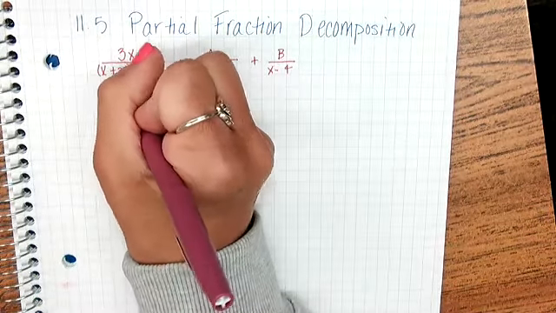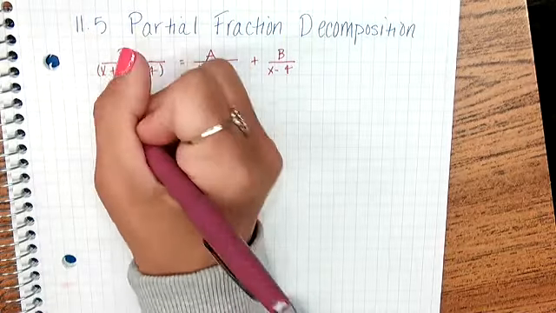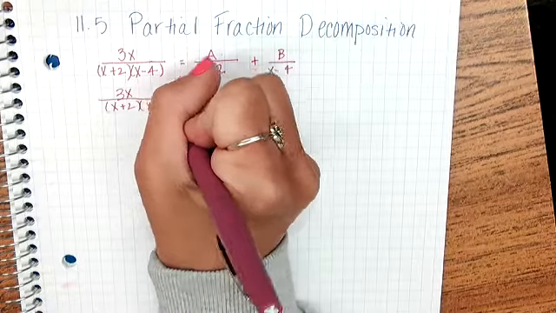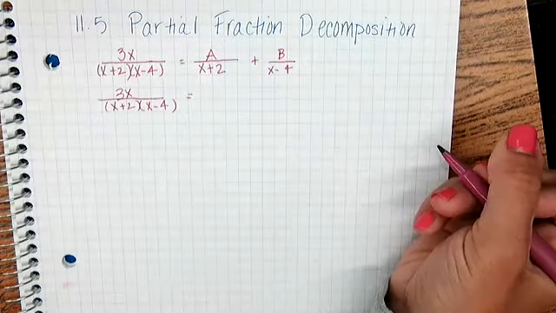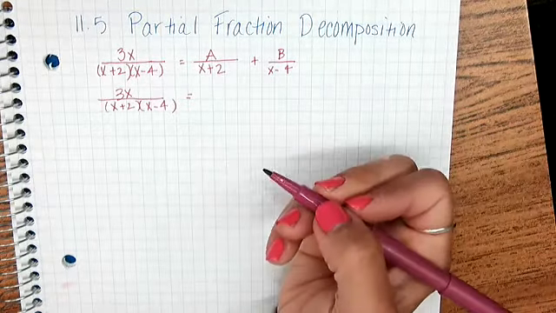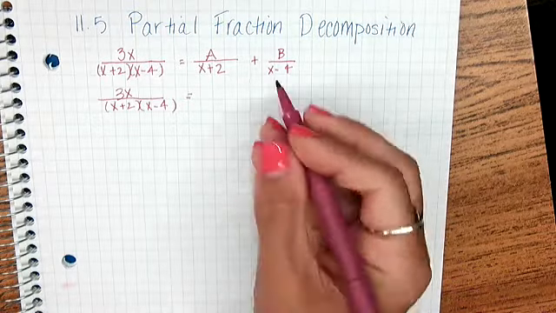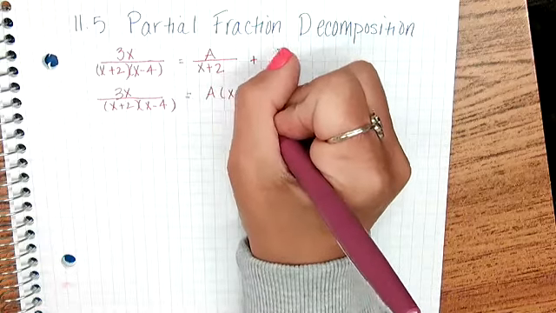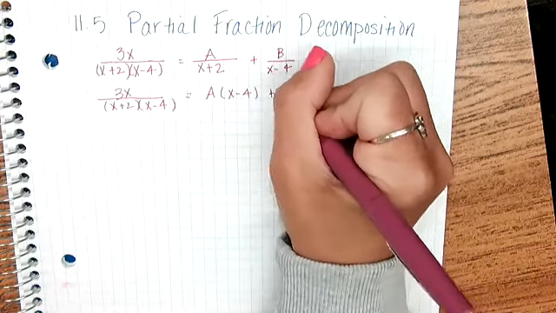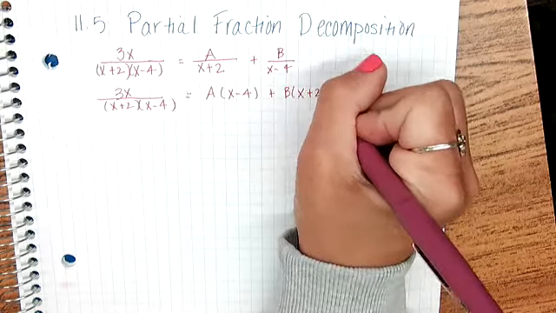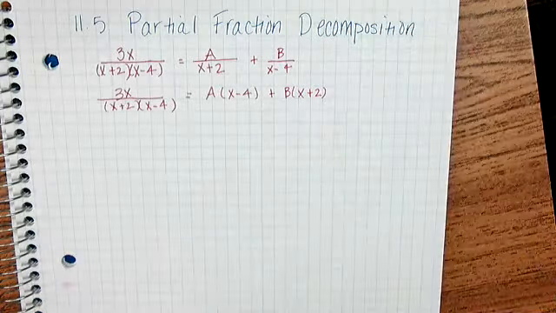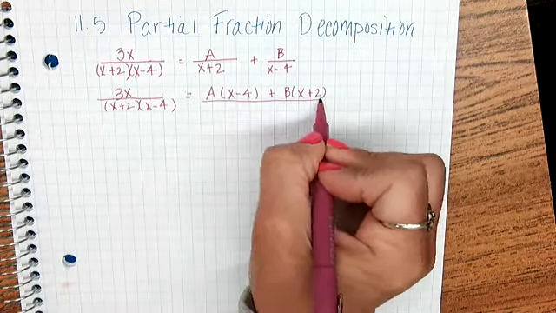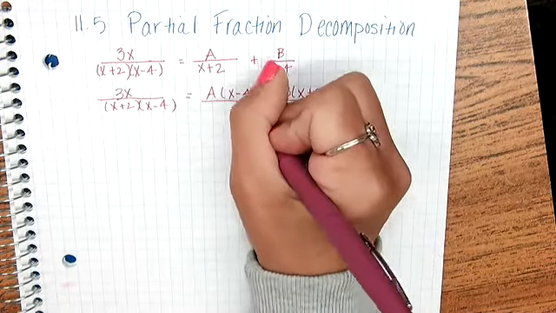You would say 3x over x plus 2, x minus 4, just rewriting the left, is equal to, and you would find the common denominator, which is x plus 2, x minus 4, and you would say this is a times x minus 4 plus b times x plus 2, converting this to a common denominator, over x plus 2, x minus 4.